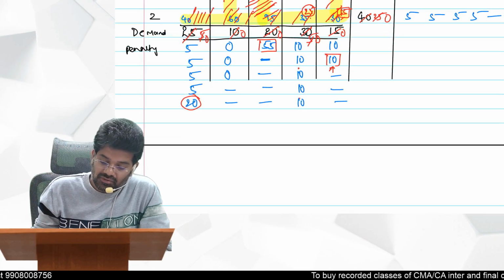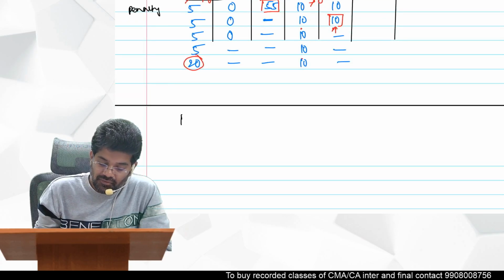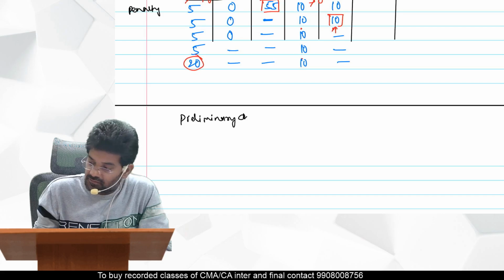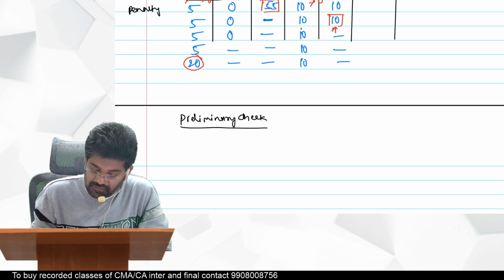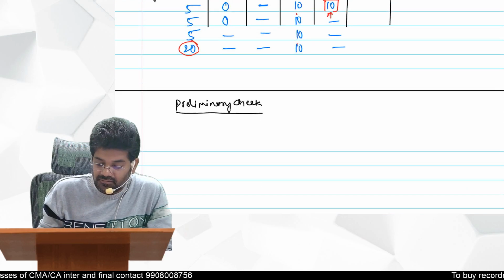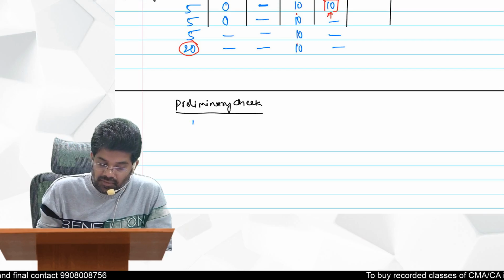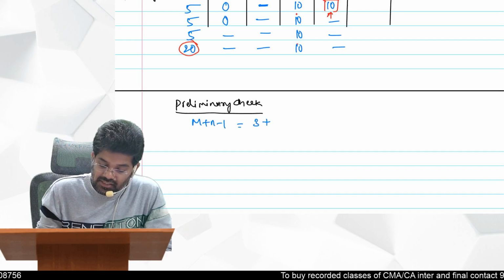Next one, now, the preliminary check before we move to optimality test. What is that preliminary check? M plus N minus 1 is equal to 3 plus 5 minus 1 is equal to 7.